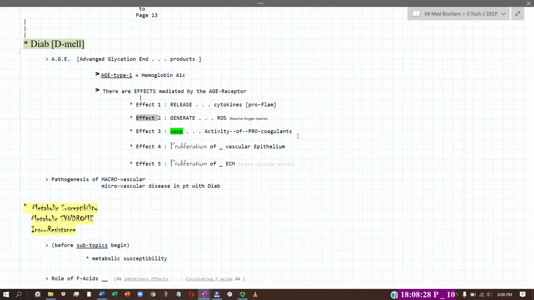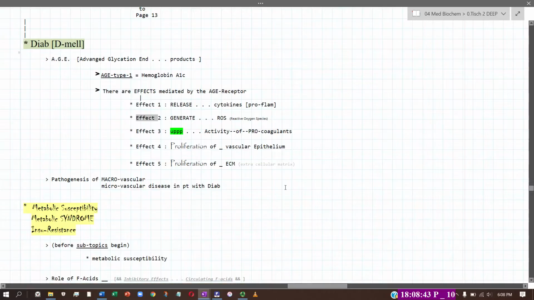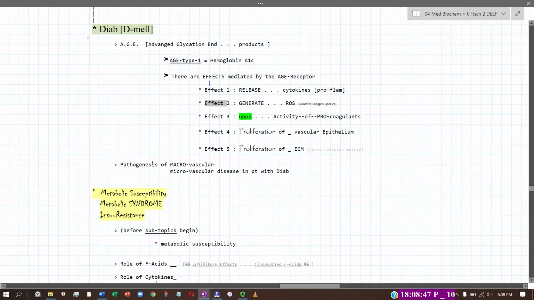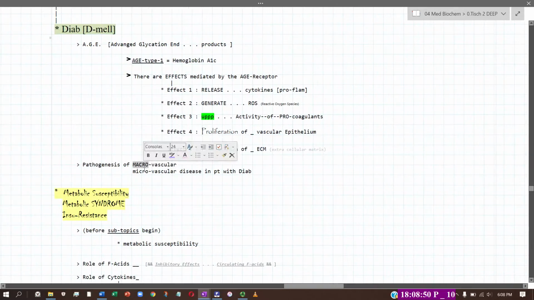Effect number 3 is the increased activity of procoagulants. And then effect number 4 is the proliferation of vascular epithelium. And then effect number 5 is the proliferation of ECM, extracellular matrix. So here's the other subtopic, pathogenesis of macrovascular, as well as, okay, the word and is necessary here.